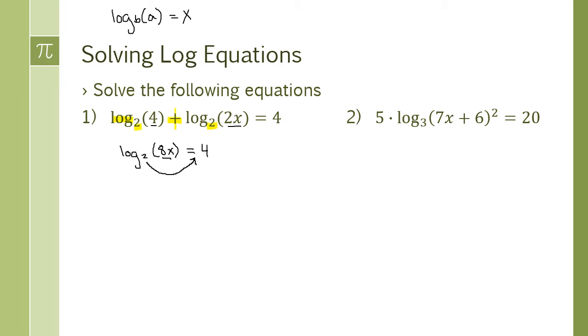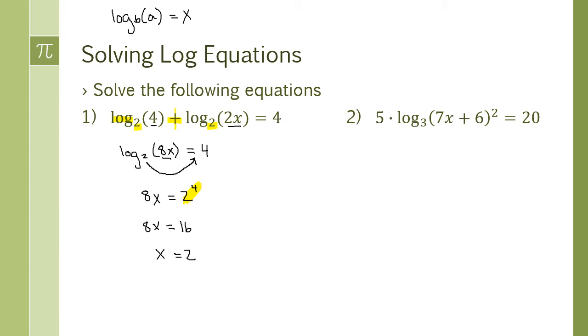So this will become an argument of 8x is equal to 2 to the power of 4. And now, like I said, we've got a real number here. This is an exponent that we can evaluate. 2 to the power of 4 is simply 16. So right now, I've got 8x equal to 16. Well, that's easy math. Divide both sides by 8, and we got x equal to 2.